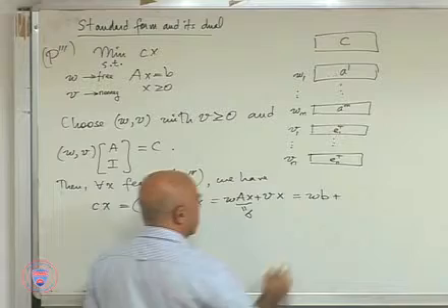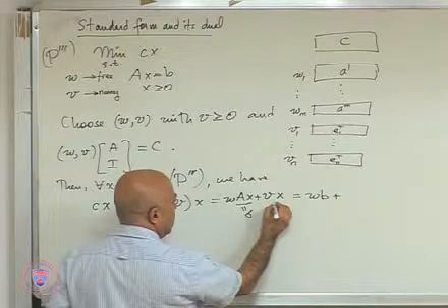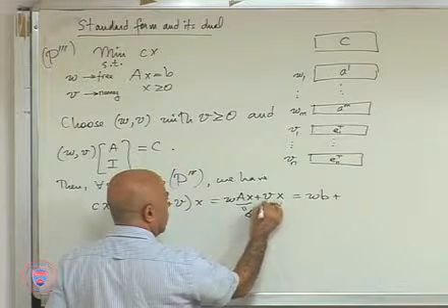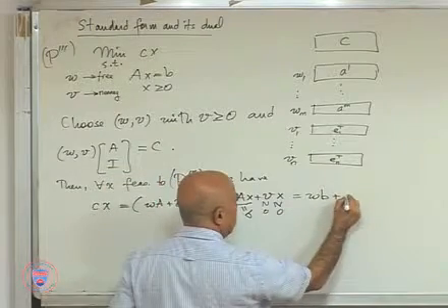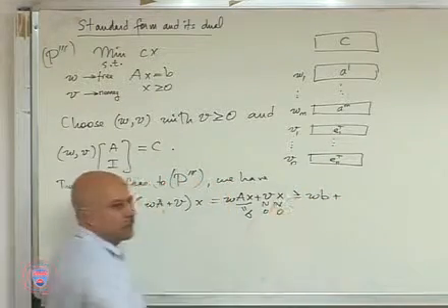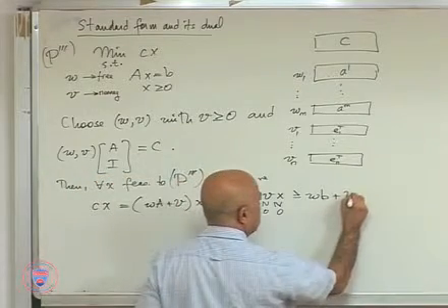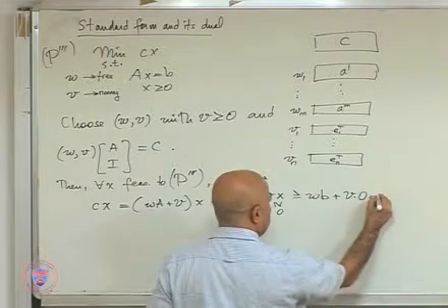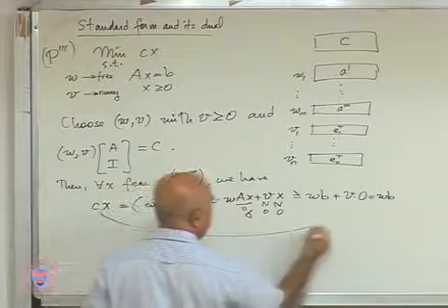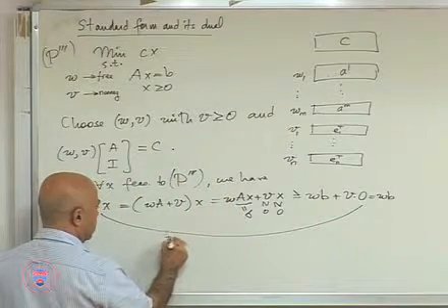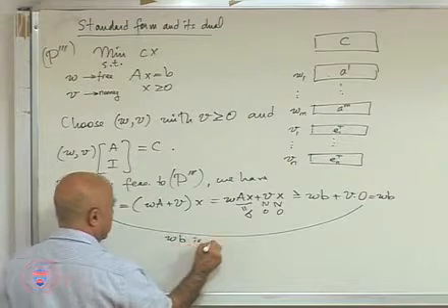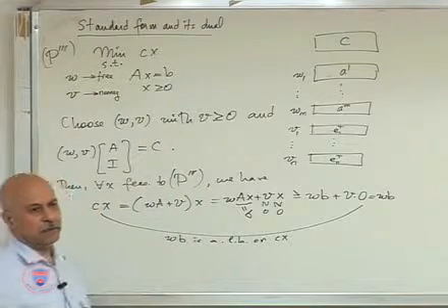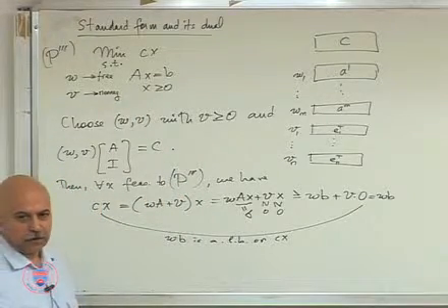Plus Vx, but x is non-negative, and V is also non-negative. So this is surely greater than or equal to V times 0, which gives you WB. So again, what kind of a bound do I have? WB is a lower bound, because the initial problem is minimization type. That's what we wanted to get.